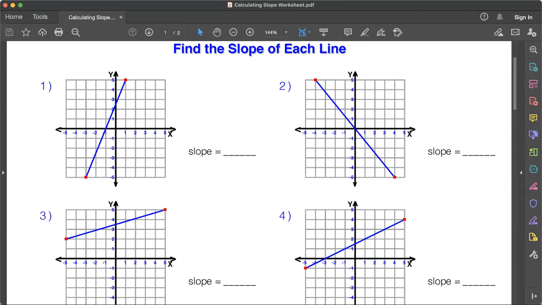So let's see where I can assist you. Now, for number 2, let me just put in the points itself. This point up here is -4, 5.